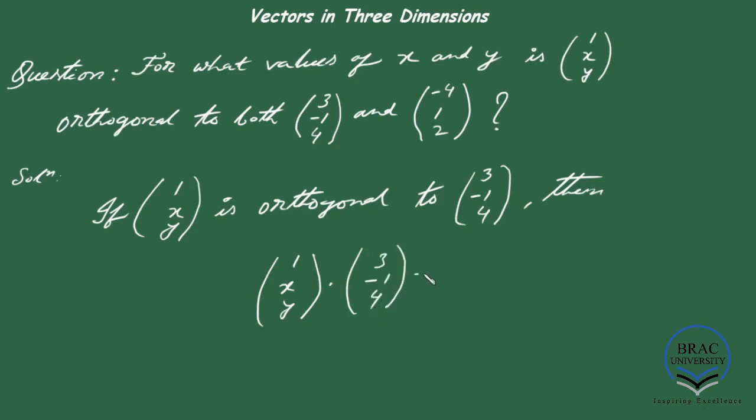So I'm taking the dot product of these two vectors, and that's equal to 0.